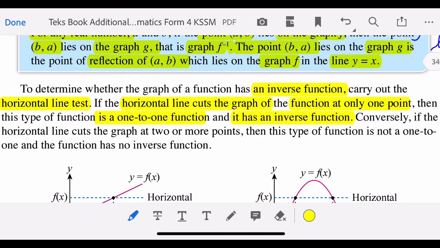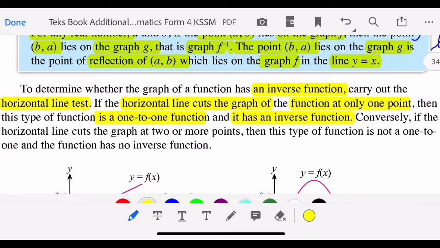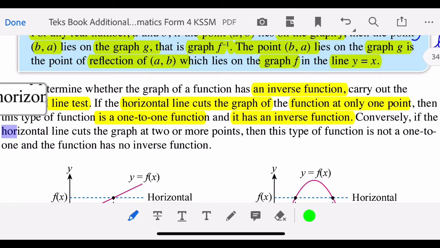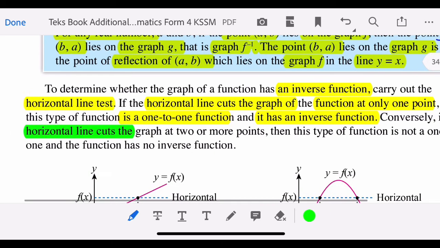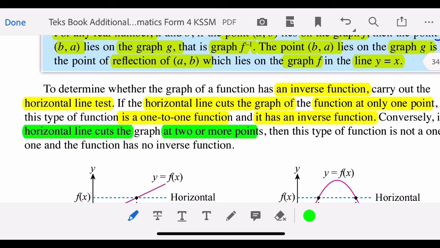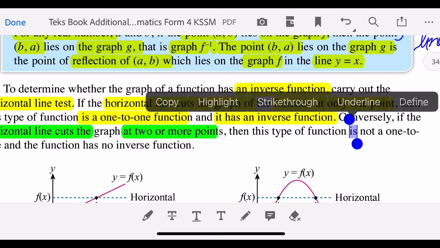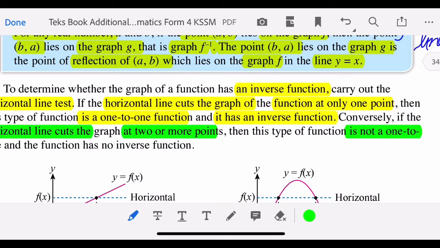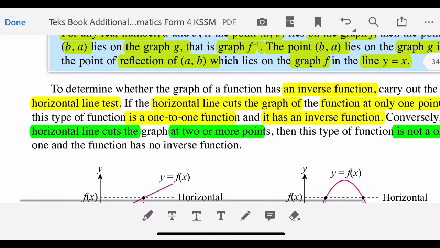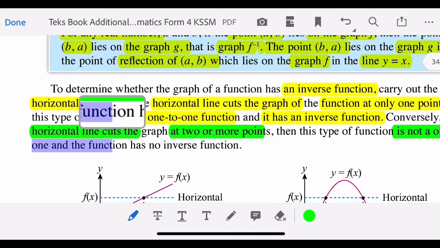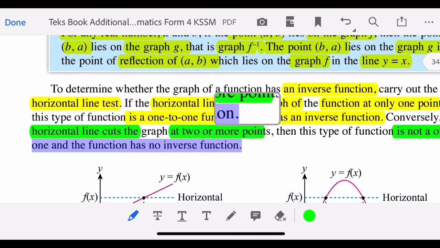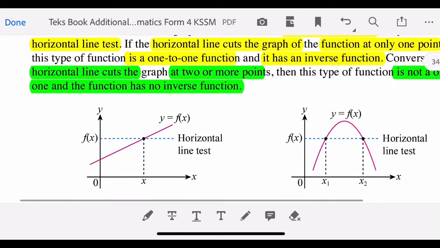Conversely, if the horizontal line cuts two or more points, then this type of function is not one-to-one, and the function has no inverse function.